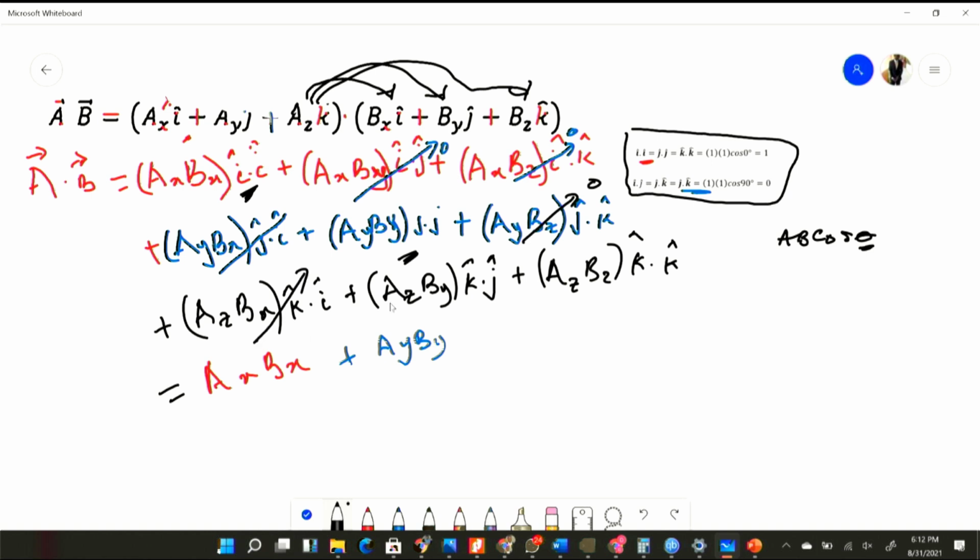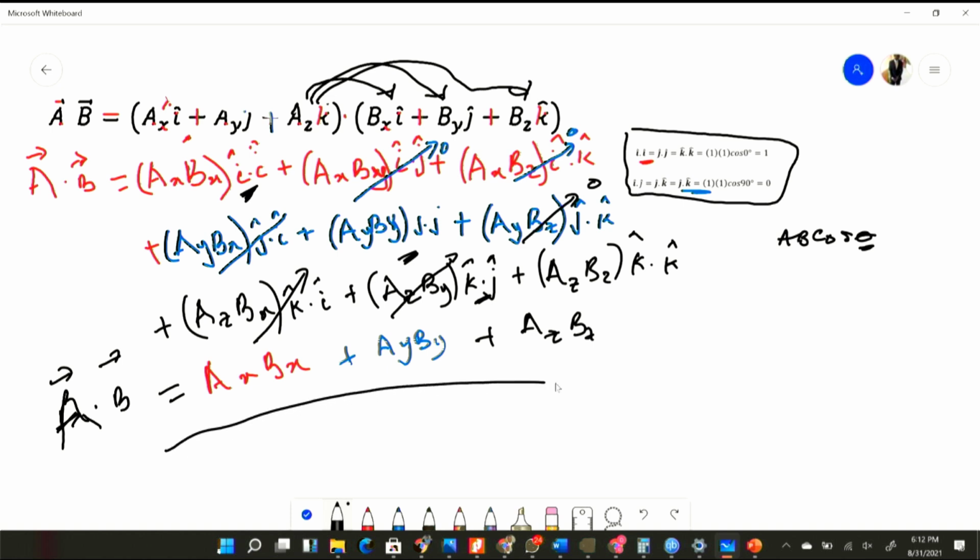So this becomes 0, and this also becomes 0 because of K dot J. Now we are left with AZ BZ, and this is what A dot B means. So the dot product, or scalar product, of our vectors A and B is given as this.